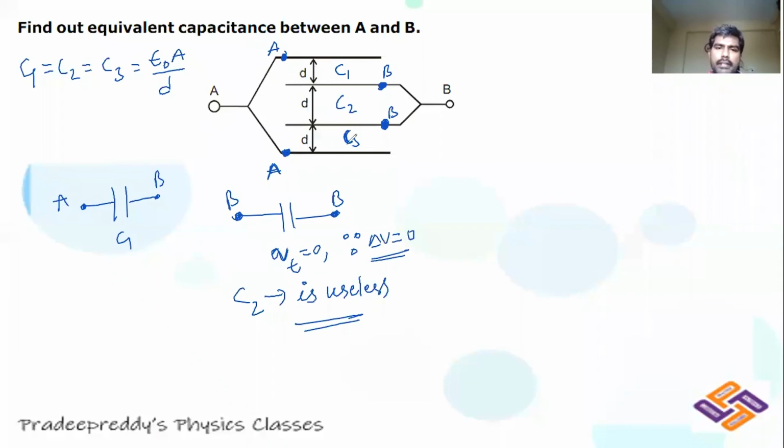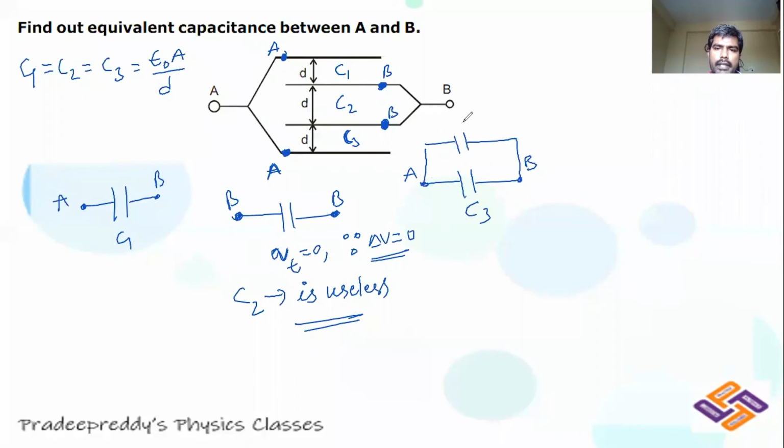Now coming to C3. C3 is connected to points A and B, right? So this is C3. Now the first capacitor and third capacitor are both connected to potentials A and B. Therefore, these two are connected in parallel.